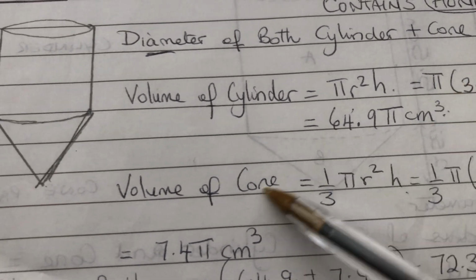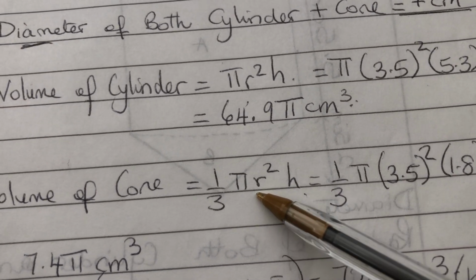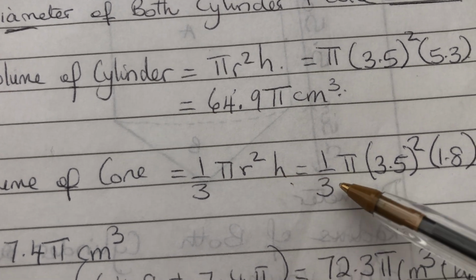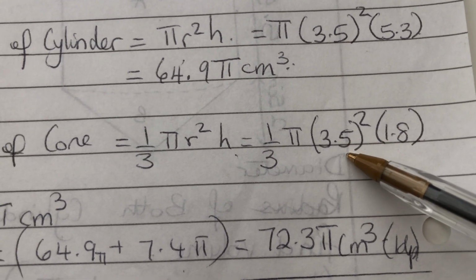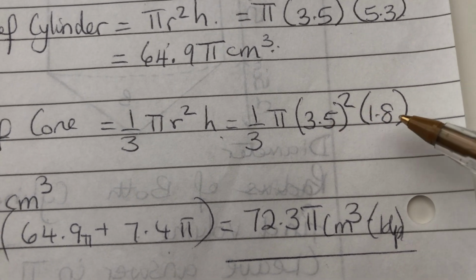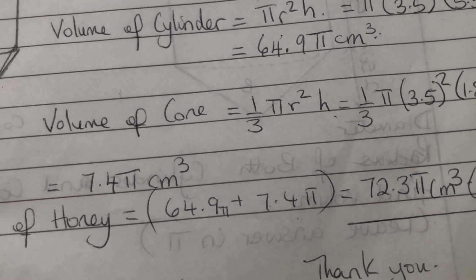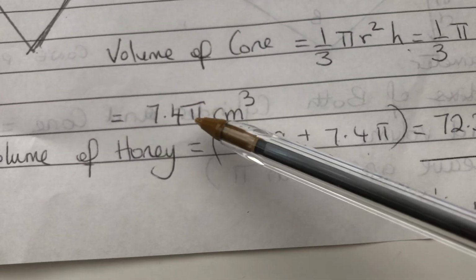The volume of the cone, 1/3 pi r squared h. So it's 1/3 pi, r squared is 3.5 all squared, h is 1.8.